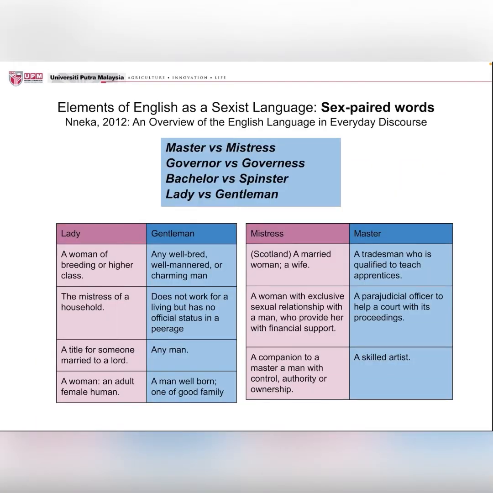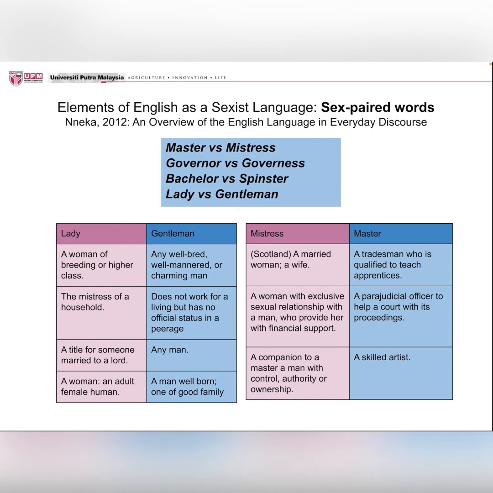The second example of sexist language is sex-paired words. For example, master, mistress, governor, governess, bachelor, spinster, lady, and gentleman. This is from the article by Nika that highlights sex-paired words in everyday discourse.